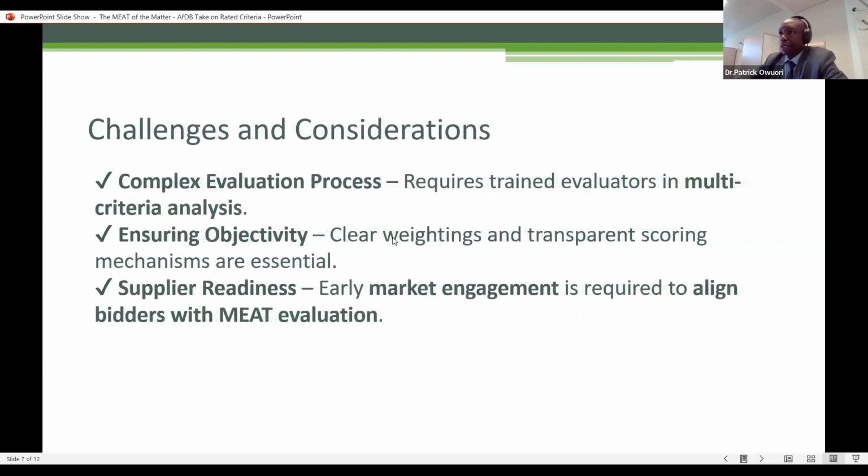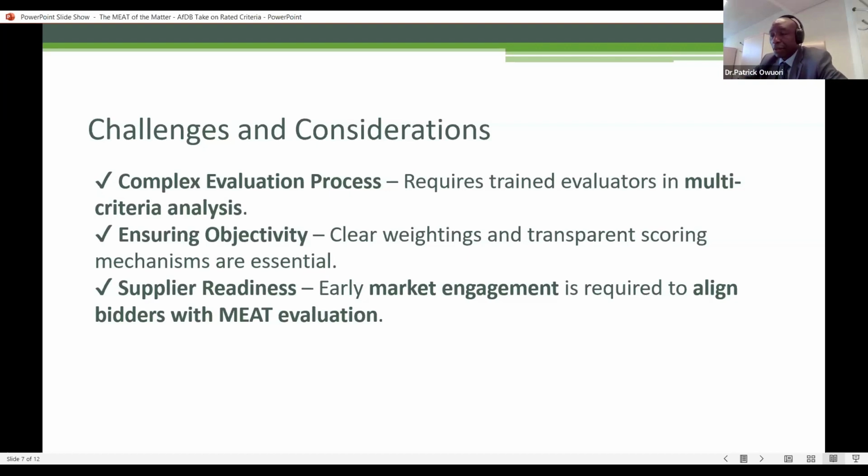Challenges that one would experience with the MEAT process, and which you have seen, is that it requires people who are trained in evaluating qualitative aspects. Many people still have challenges evaluating qualitative criteria. And given that the world is now moving from pass-fail, trying to wean people off that system is a bit challenging.